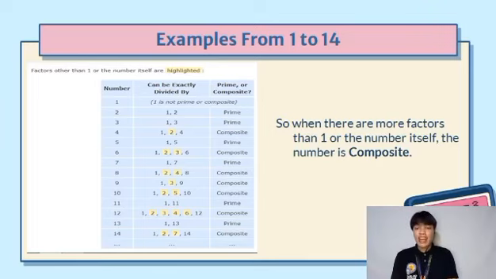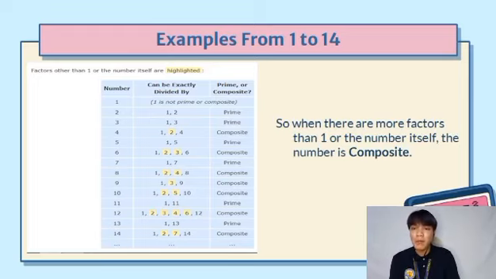Factors other than 1 and the number itself are highlighted. We tackled that 1 is not a composite nor a prime number because it doesn't qualify for the category of a prime number. And 2 is the smallest prime number we can have. It only has 1 and itself as factors, same goes for 3.